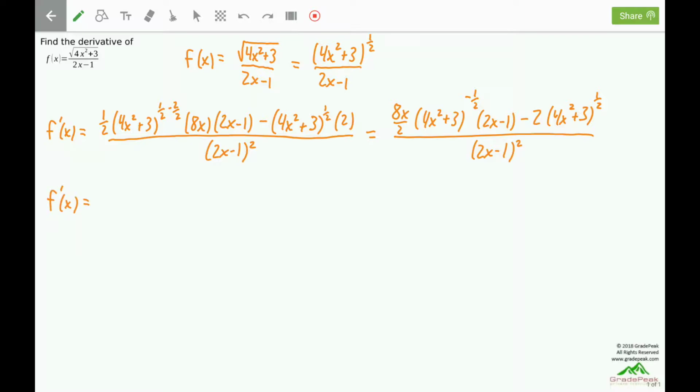We always want to rewrite negative exponents by moving them to their respective denominator. Now this first term, I'm going to cancel this 8 and this 2 down to leave a 4. So we have the 4x. We also have a 2x minus 1. Those are going to stay in the numerator. But that 4x squared plus 3 to the negative 1/2 will move to its denominator to become a positive exponent.